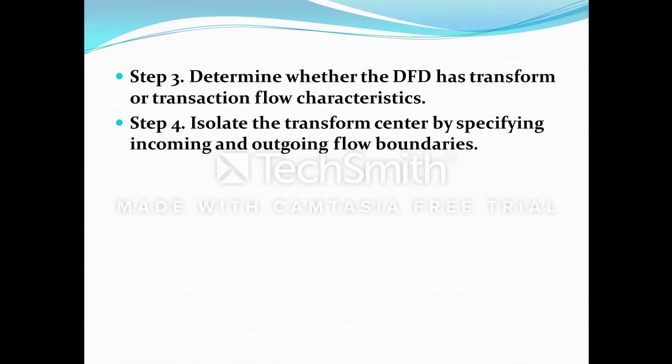Incoming data flow transforms the external or input data into the internal form, and outgoing data flow converts the internal data into external form, which means it produces the output data.